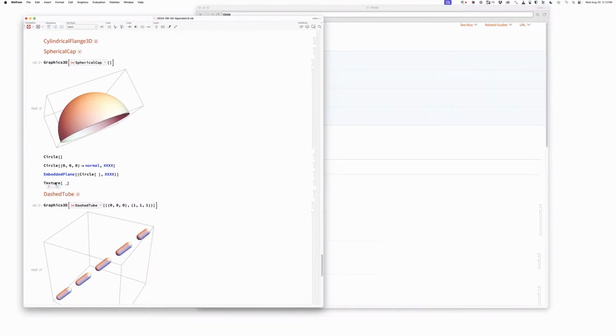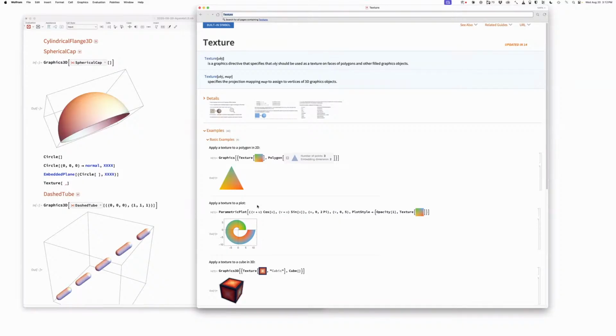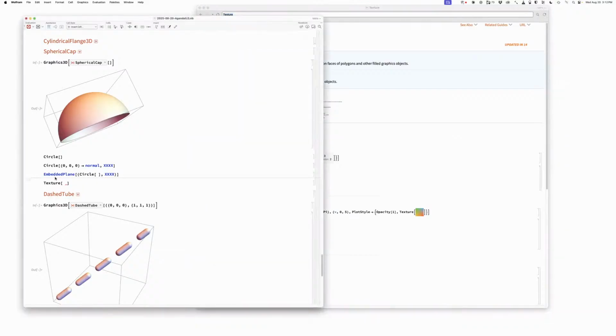Which is a thing which takes a 2D object and puts it not just into 3D, but puts it on things. I've needed this a whole bunch of times. Take a 2D graphic... I think we've had packages that do this going back 30 years or more. Take a 2D graphic and embed it in 3D.